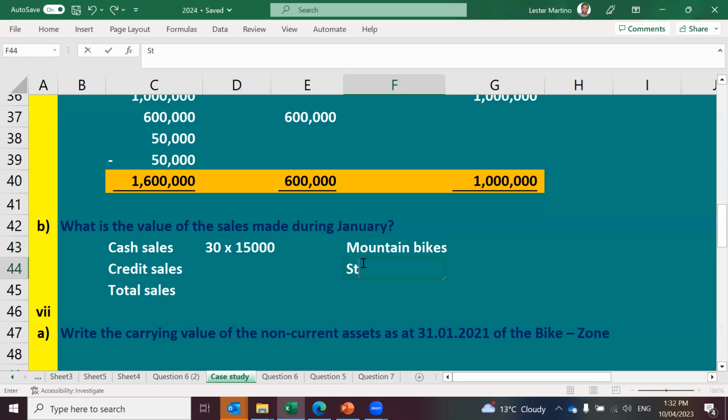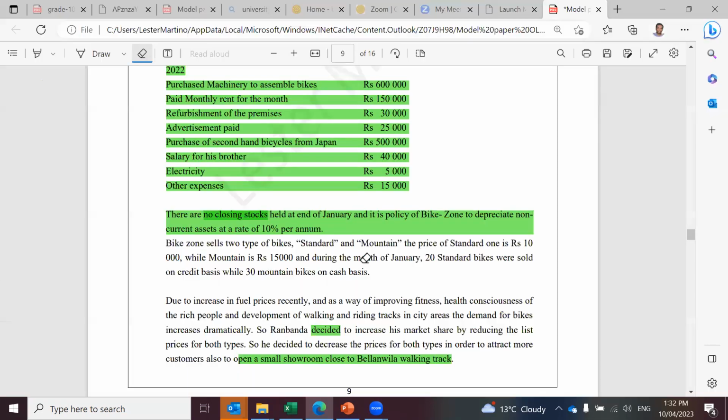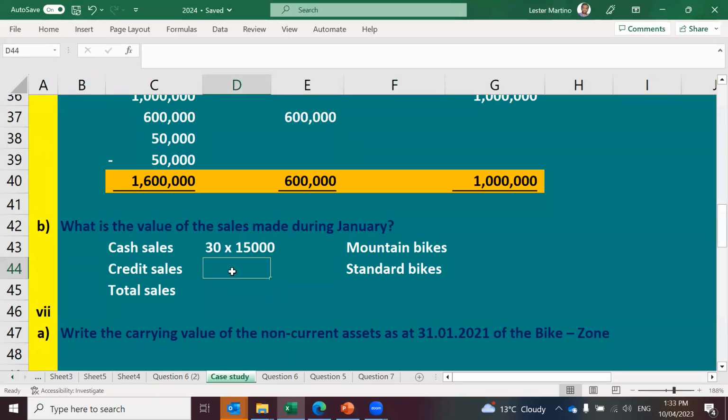And then the standard bike. Credit sales, standard 10,000 times how many bikes? 20. 20 times 10,000.